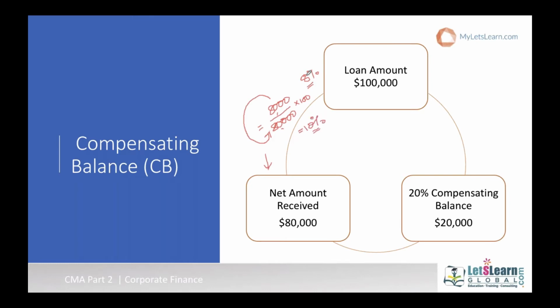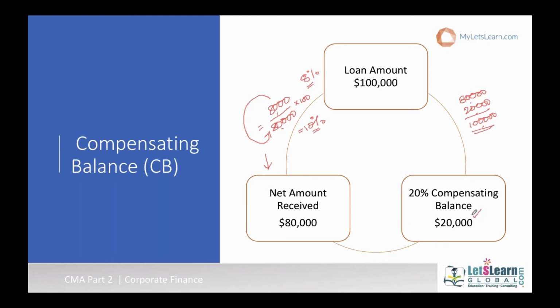See, your cost increased from 8% to 10%, because this 20,000, which is a part of the loan amount, is held with the bank. And after 1 year, you just hand over 80,000 to the bank. This 20,000 will be adjusted by the bank to clear off your loan of 100,000.